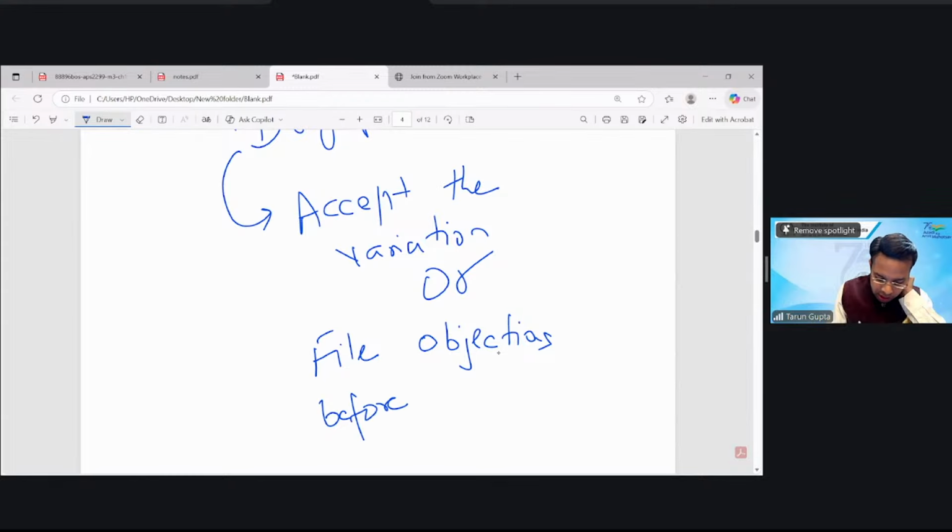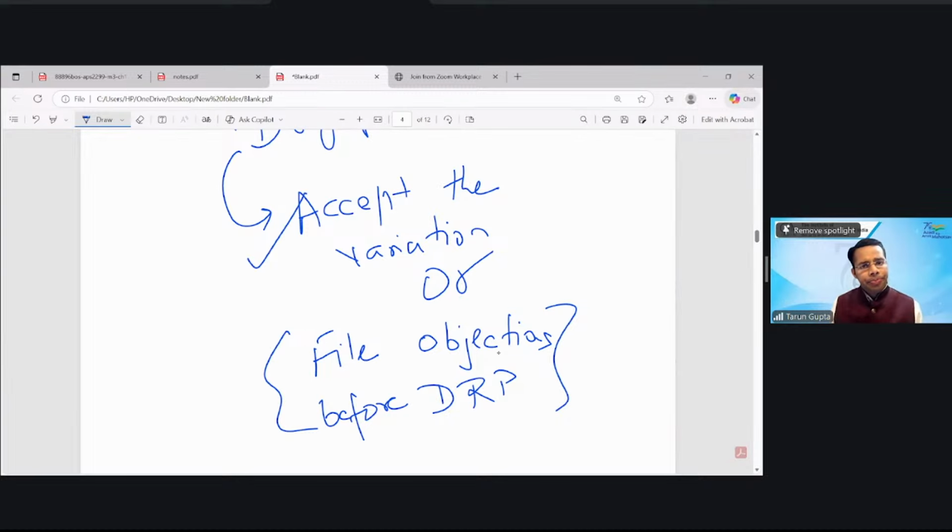So if he wants to go to the CIT appeal route, he will accept the variation, ask the assessing officer to finalize the order, and against such final order, the assessee will file an appeal to the CIT appeal. Or if he wants to go to the DRP route, he will not accept the variation. He will file the objection before the DRP.